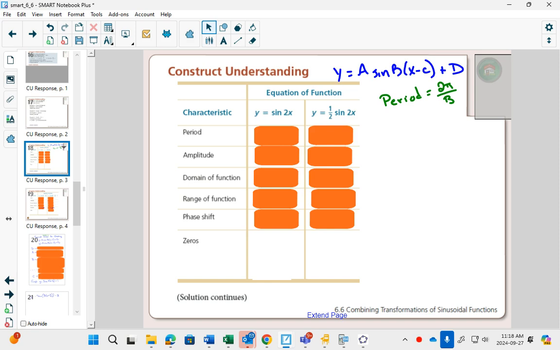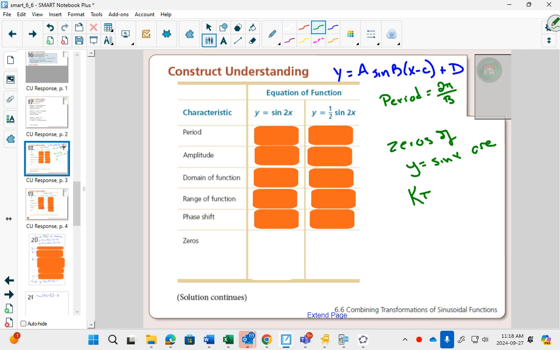That will also be helpful for this. To remember that the zeros of a regular sine graph are k pi.